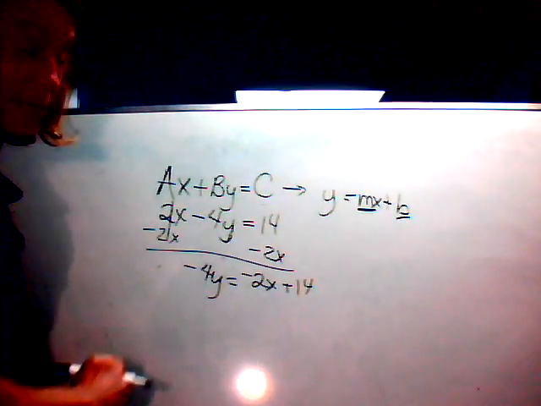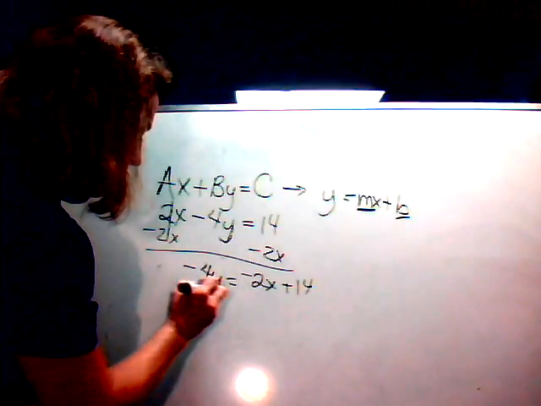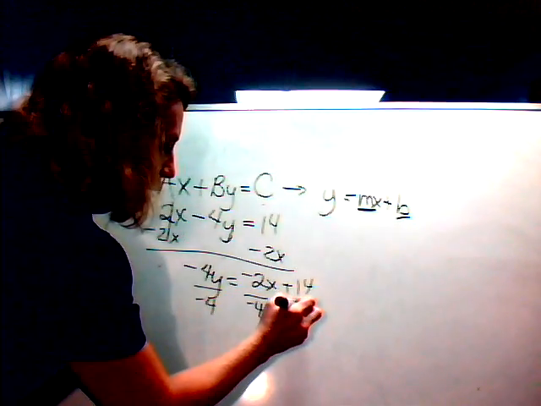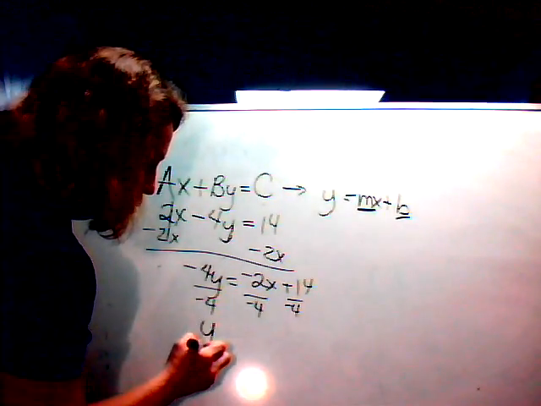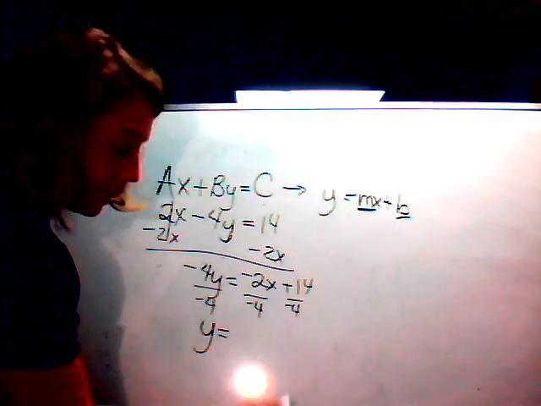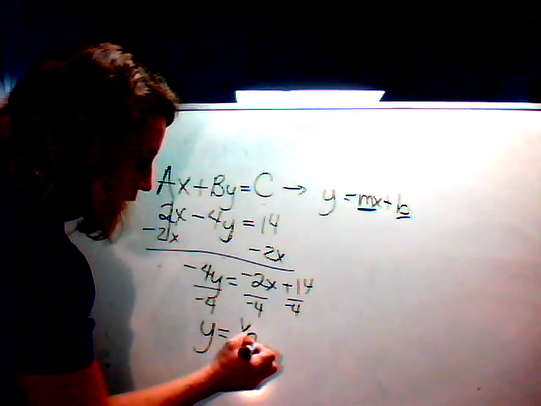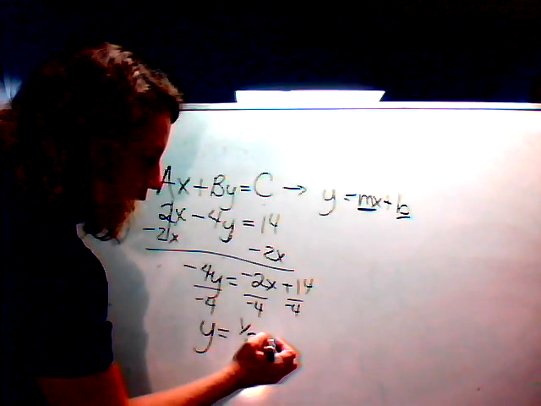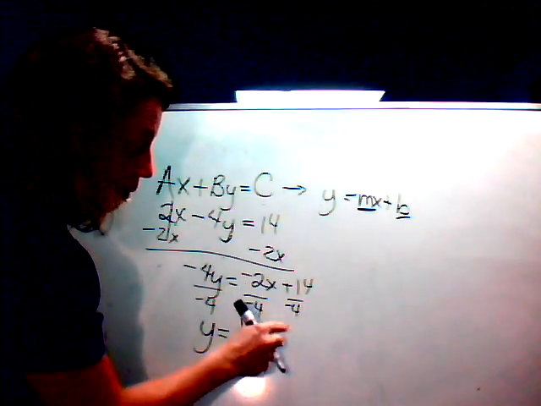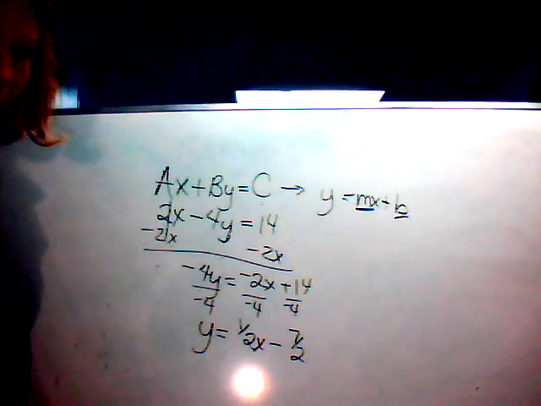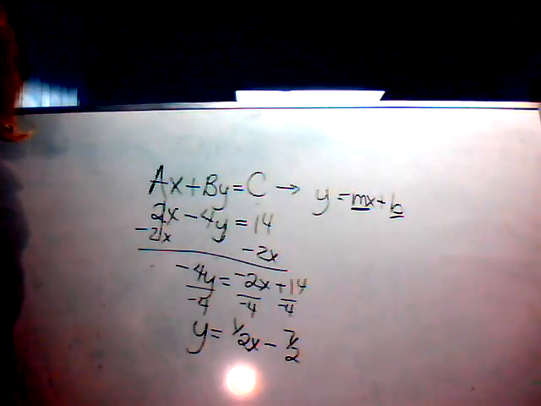Now I have to get rid of the negative 4, so I'm going to divide everything by negative 4. So I'm just getting the y by itself. My final answer is y equals, two negatives cancel, make a positive 1/2 x, and 14 divided by negative 4 is negative 7/2, or negative 3.5. So there's my final answer right there.